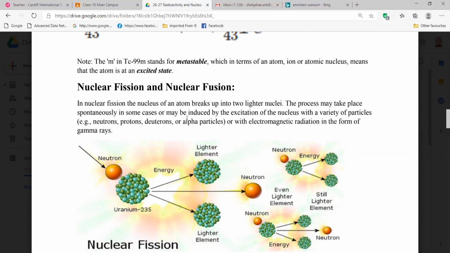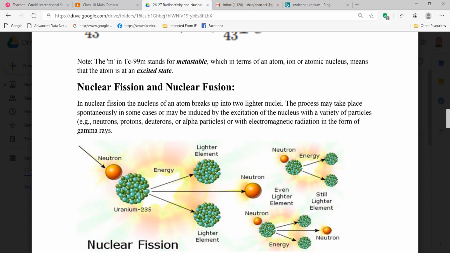Nuclear fission is the breakdown of nuclei.